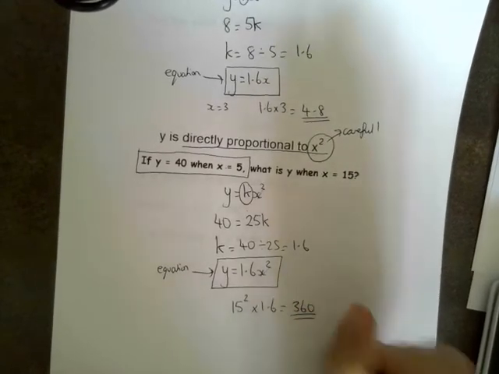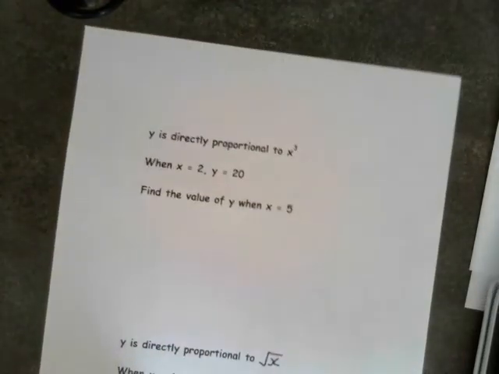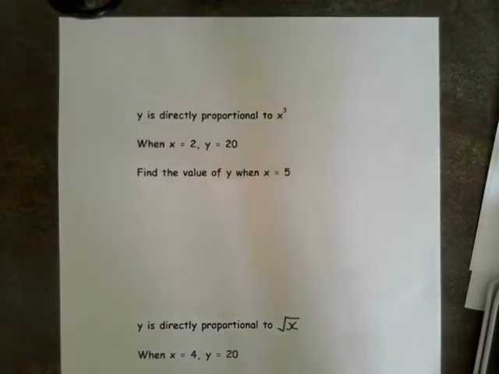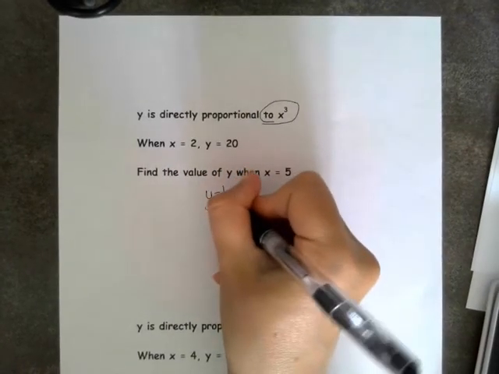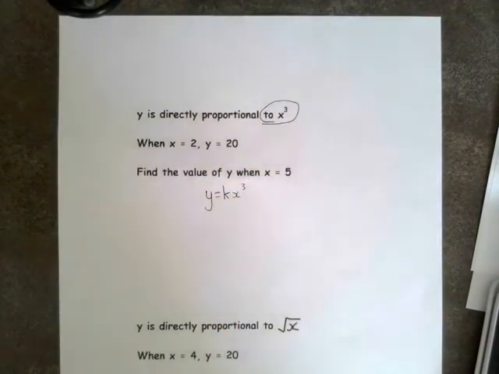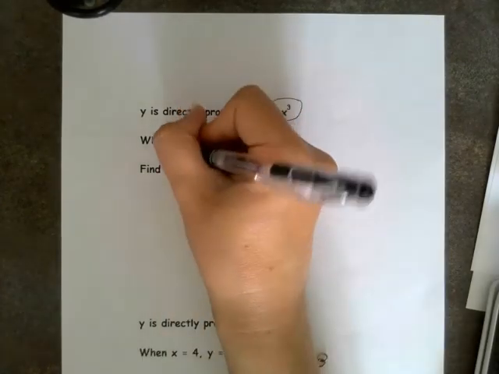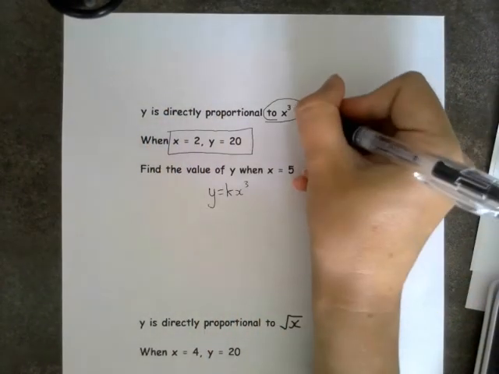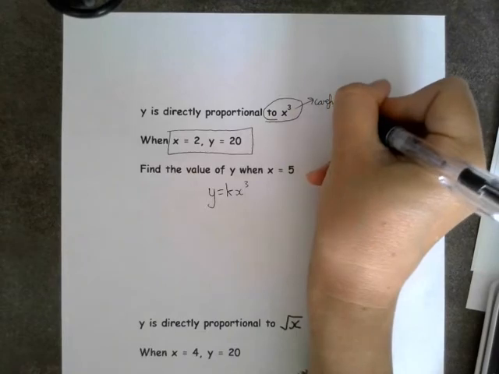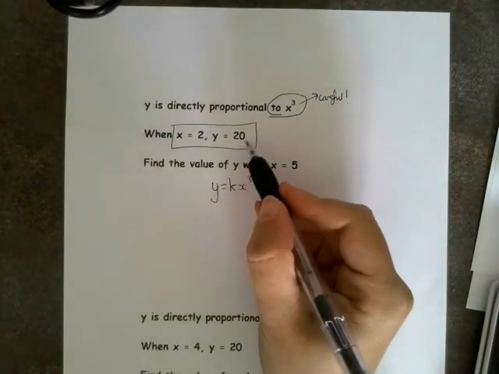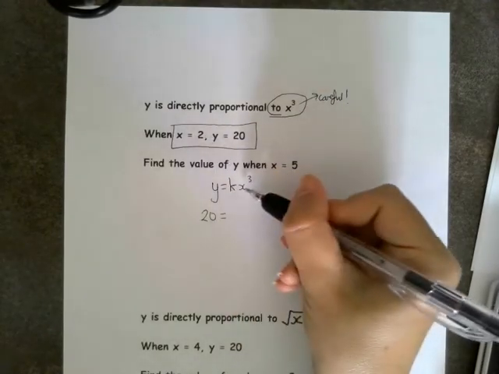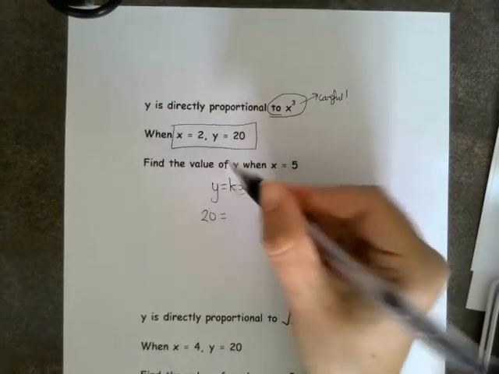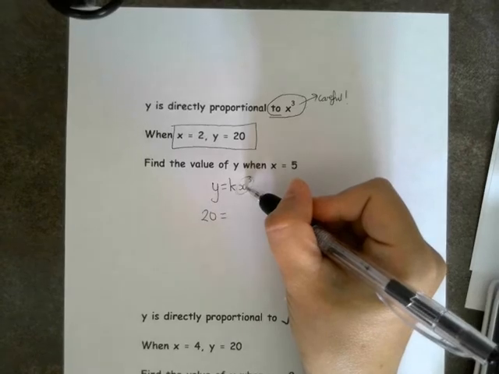So the next one, we've got that y is directly proportional to x cubed this time. So first line, y equals kx cubed. Second step, stick numbers in, but again we've got to be careful because it is x cubed, not just x. So we know that y is 20, so it would be 20 equals. This time I'm going to have to cube it, aren't I? So 2 cubed is 8 because it's 2 times 2 times 2.